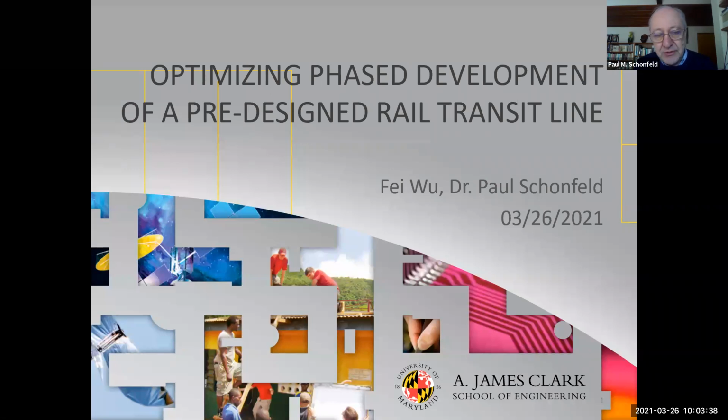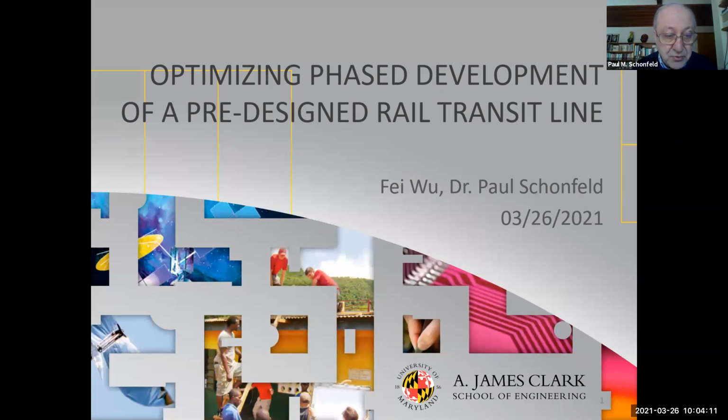His algorithm is designed to optimize the development of essentially a radial line that passes through the central business district of a city and extends radially in both directions. So he's trying to determine when is the right time to add another set of stations at either end of the route. And I think his work is interesting for several reasons.